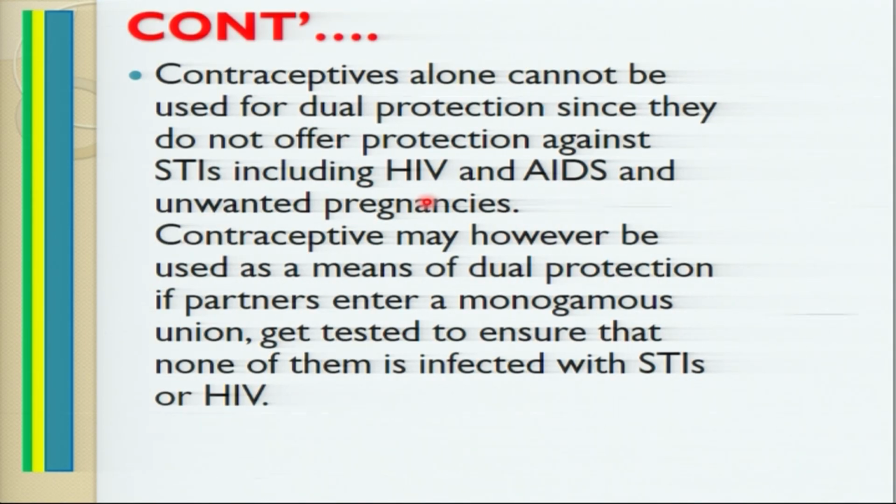That's why, when it comes to married couples, people who are planning to have a family, before they become husband and wife, they have to go for testing to see if they are negative in terms of STIs. I'm talking about sexually transmitted infections. I normally emphasize HIV/AIDS.